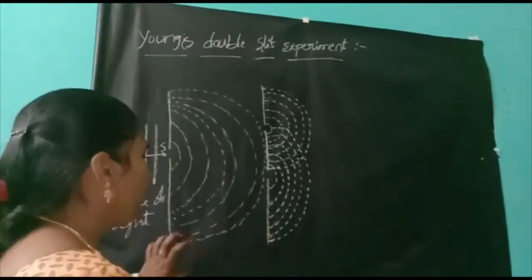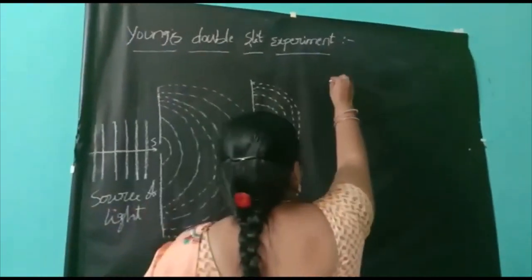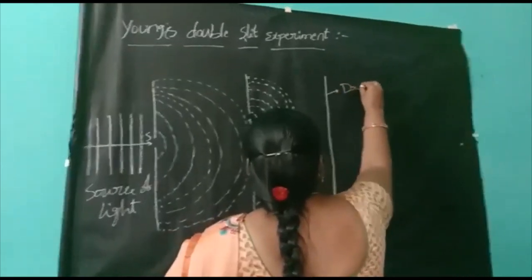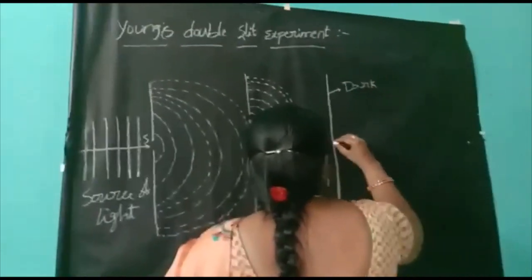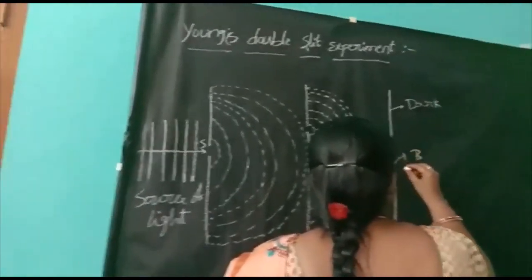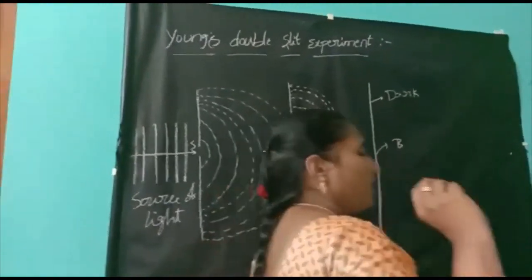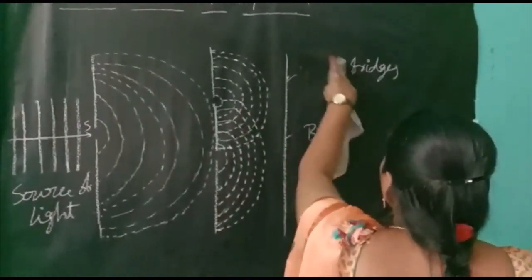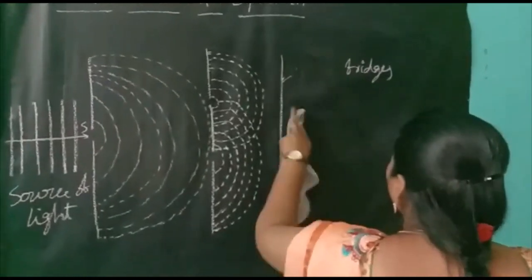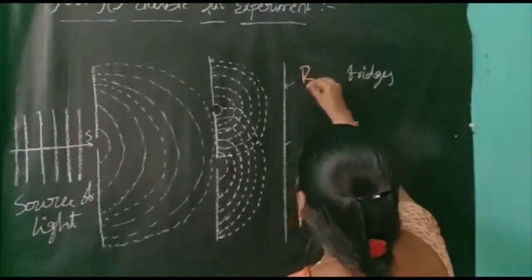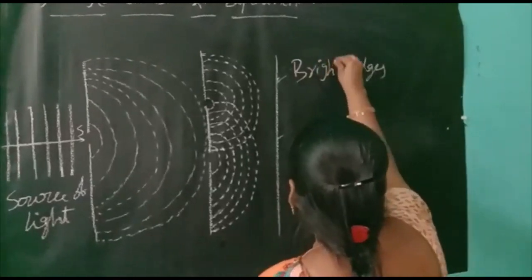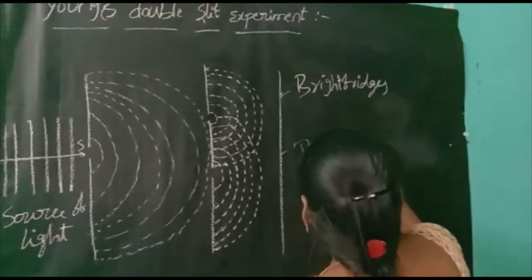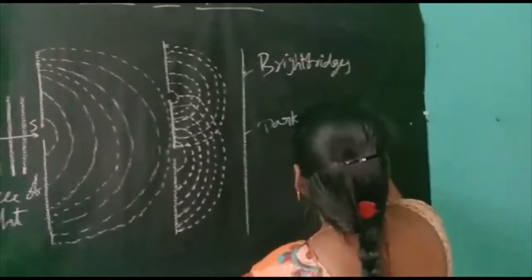On this screen we should have dark and bright. We should have bright fringes and dark fringes formed.